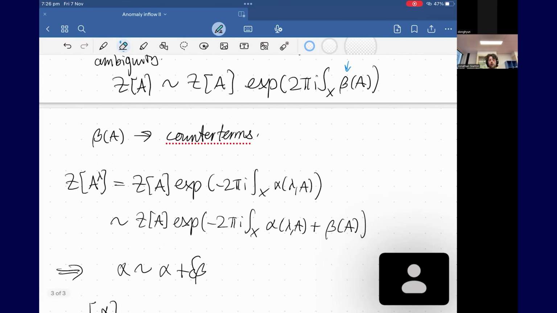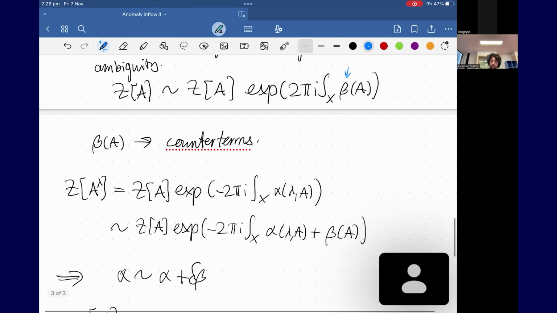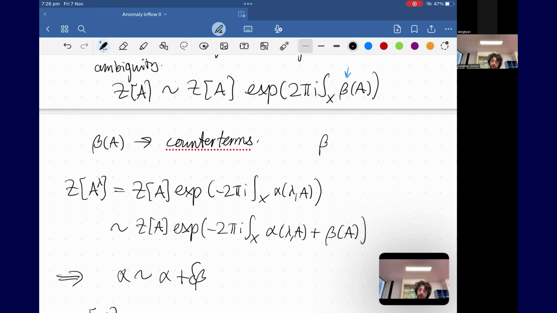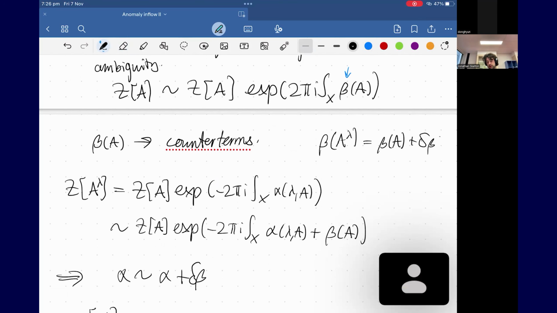So your original thing transforms by the total thing, alpha plus delta beta, whatever the variation of beta is. Okay, I see. So beta under this variation will be beta alpha plus delta beta, where the delta is appropriate to that. Yeah, exactly.